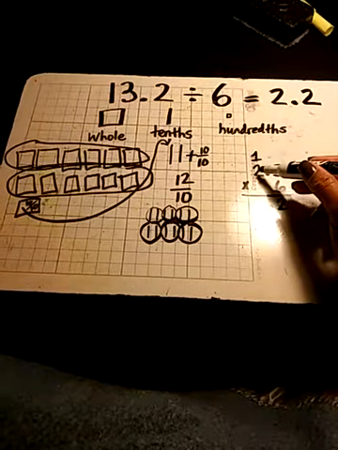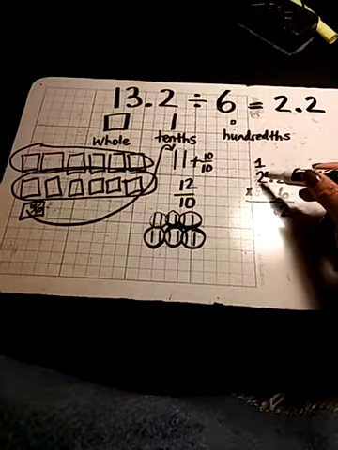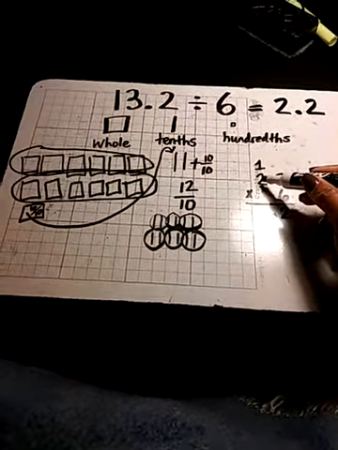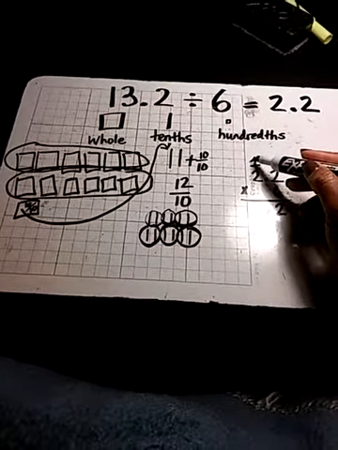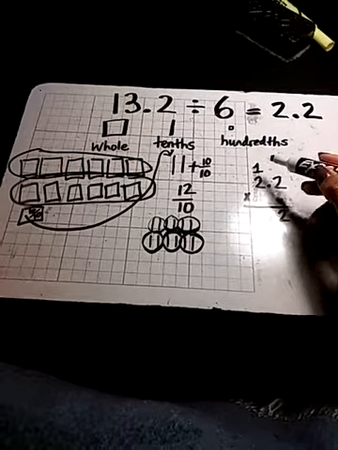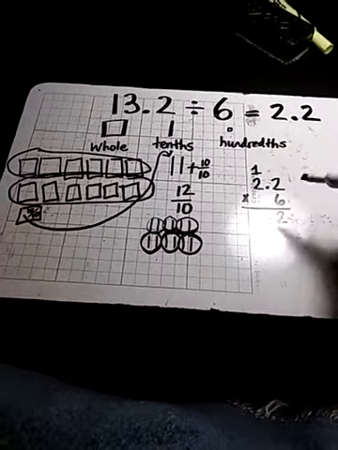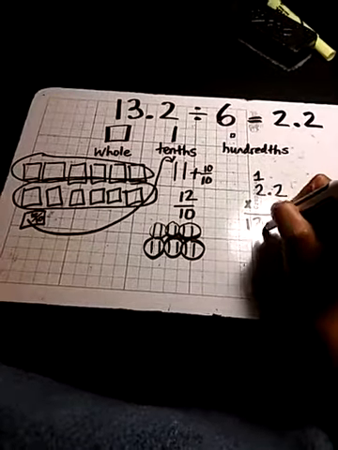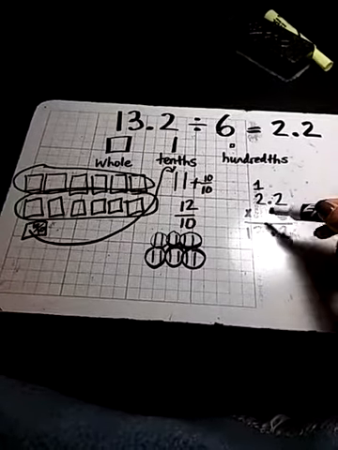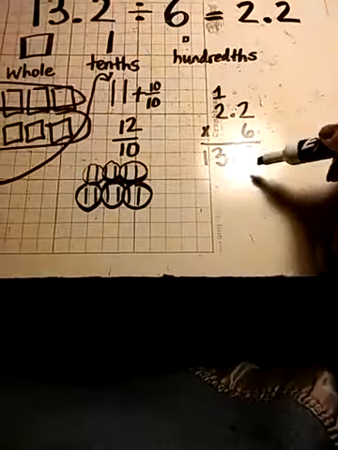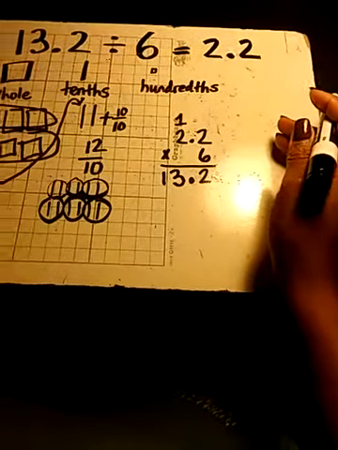And 6 times 2 wholes is 12 wholes, and 12 wholes plus the 1 whole that we got from 12 tenths equals 13. So 2 and 2 tenths times 6 equals 13 and 2 tenths.